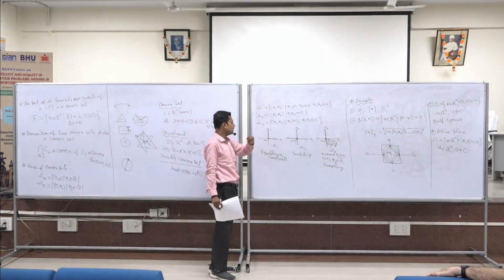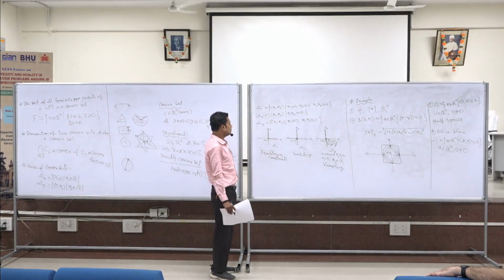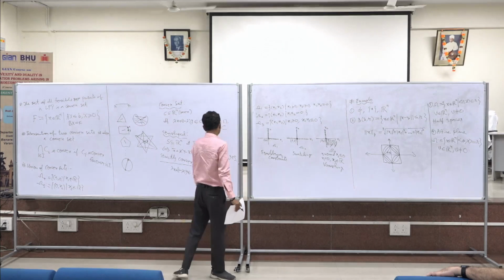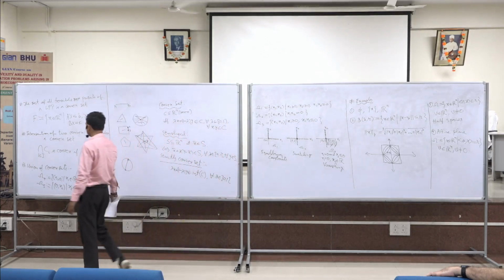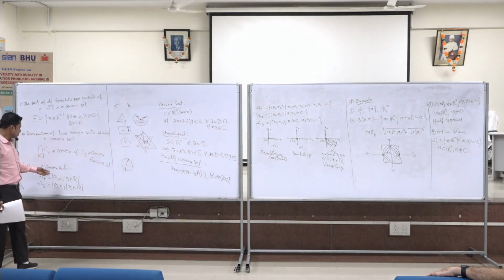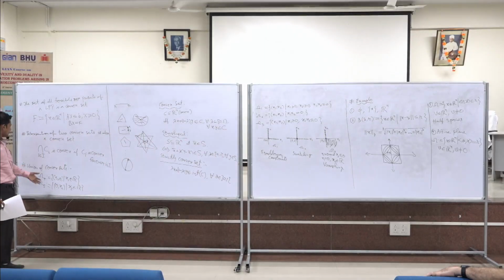But we can see that this set omega 2 is not a convex set. So it means that these two convex sets have a union that is not a convex set. But we will see that we can take the convex hull of the union, and then the convex hull will be a convex set.